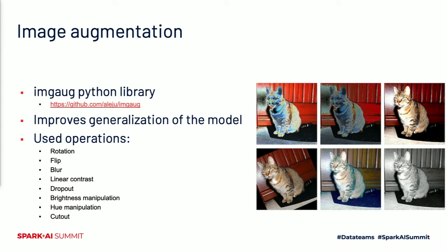The same was applied in our case. So some rotation, flipping, blurring, or some linear contrasts were used for RGB channels, and some dropouts and hue manipulation were used for the digital elevation map.